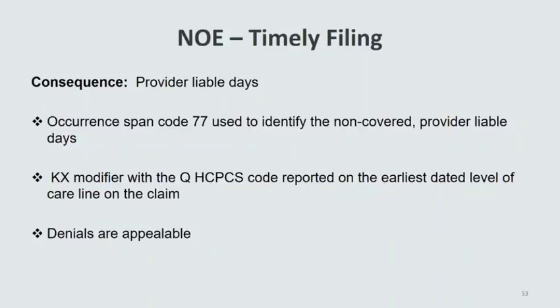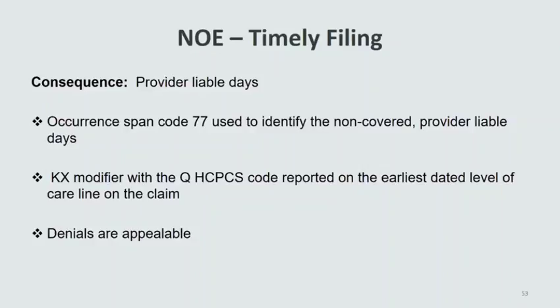So if you do not file your NOE timely, there are some requirements. First of all, you're still liable for those days. You still have to care for the patient at no charge. And there's an occurrence span code that must be used on the claim to indicate the days that are non-covered, and that is code 77. And then a KX modifier needs to be added to the claim with an explanation of what occurred.